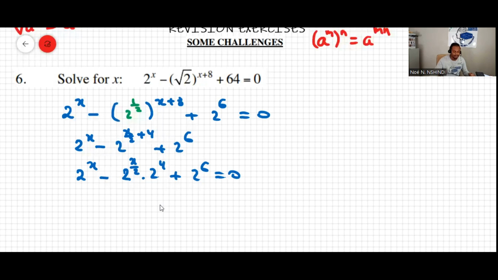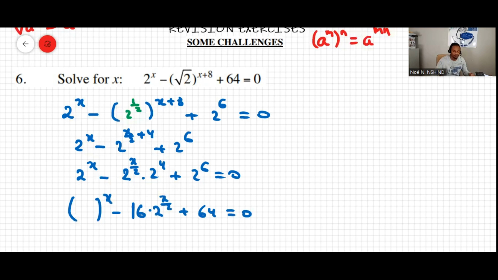Instead of writing 2 to the x, I want to write it in terms of 2 to the x over 2. So 2 to the x over 2 multiplied by 2 to the 4. Okay, 2 to the 4 is 16. I prefer to keep it like that, 16. So 16 multiplied by 2 to the x over 2 plus, leave it, 64.